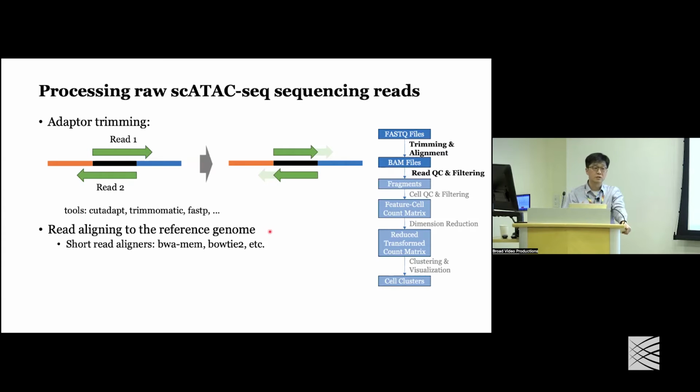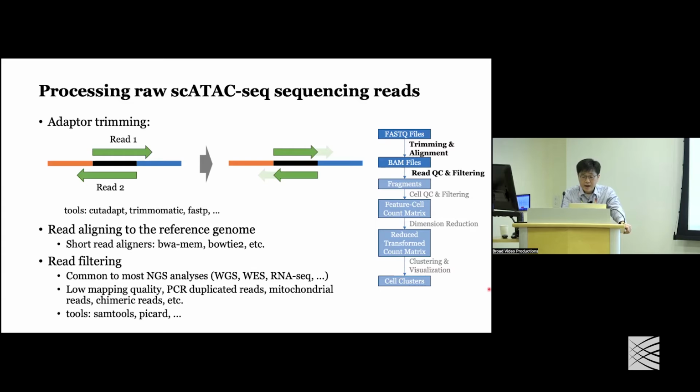So once these adapter sequences are trimmed from your reads, you can use any standard short read aligner to map these reads to the reference genome. I'm not going to get into the detail of this part. And once all the reads are mapped to the genome, you can perform the standard read QC to filter out the low quality and less informative reads.